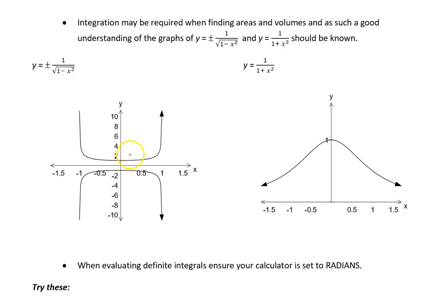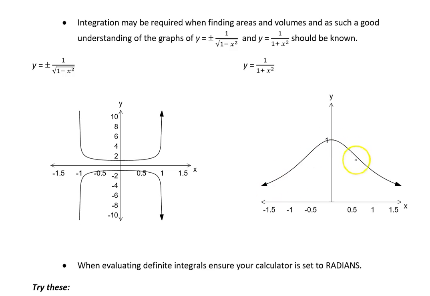So the positive 1 over square root 1 minus x squared has a fairly restricted domain because we can't take the square root of a negative number. So once x is outside minus 1 and plus 1, well, we can't even have minus 1 and plus 1 because then we've got a 0 in the denominator. Square root of 0 is 0, but we can't have a 0 in the denominator. So we have to think about all those things. They're fairly restricted sorts of graphs.